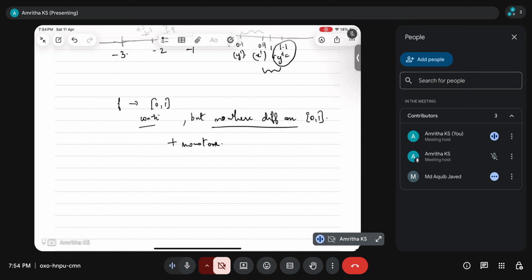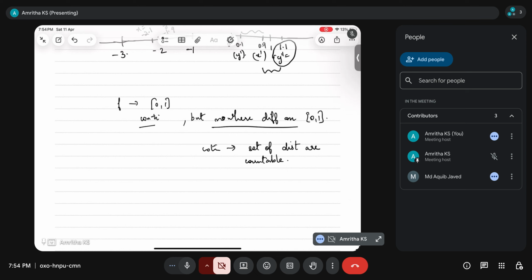Oh, it is discontinuity. Okay, then I am wrong. I was trying to find the theorem. Okay, then you can leave it. If it is monotone, then the set of discontinuities is countable, right?